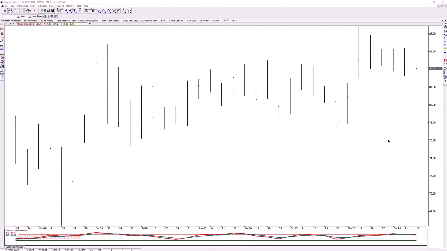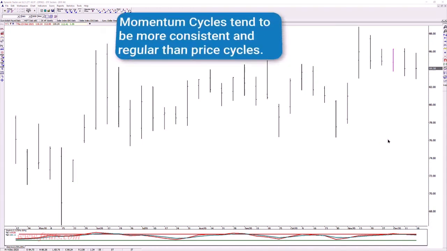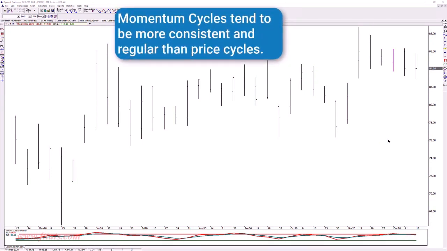In another period, they might not be so obvious, but the momentum cycles tend to continue. In other words, that ebb and flow of the relative change of the market. Those momentum cycles seem to continue, and so they continue to be helpful.